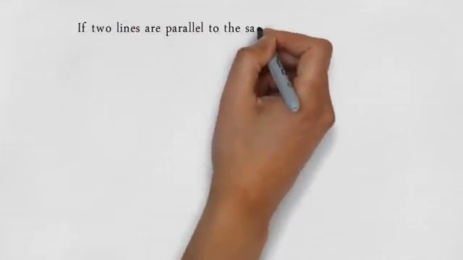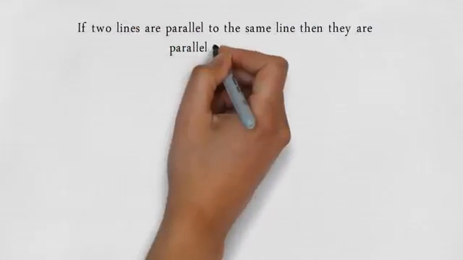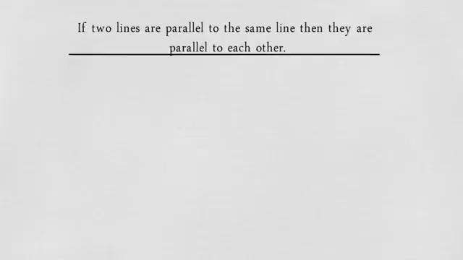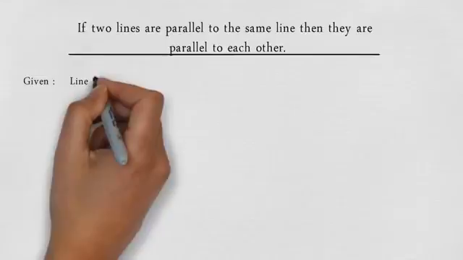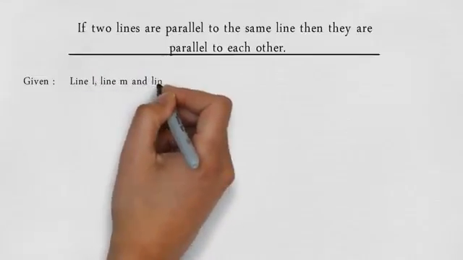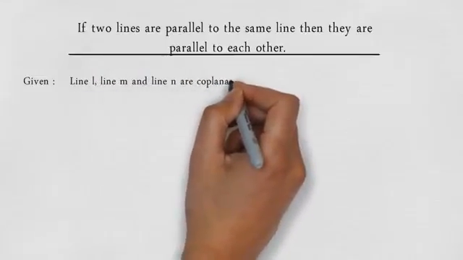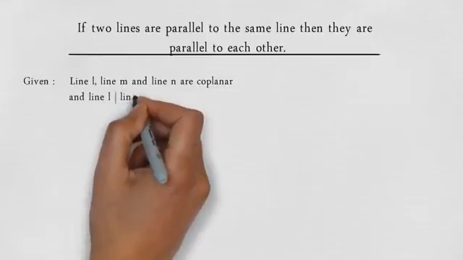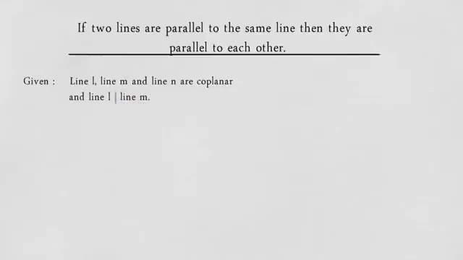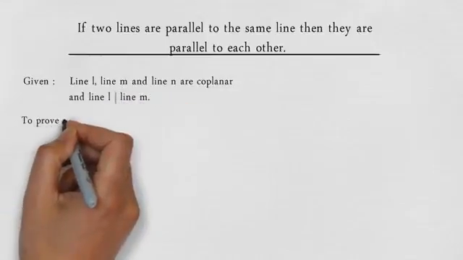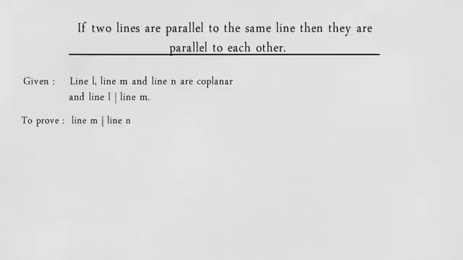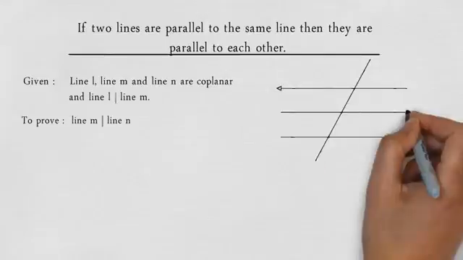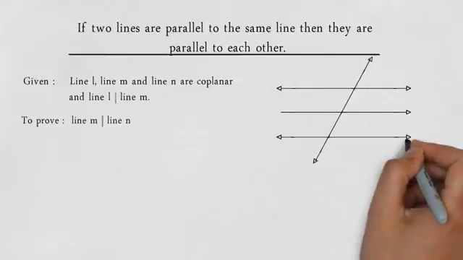Corollary 1. If two lines are parallel to the same line, then they are parallel to each other. Given, line L, line M and line N are coplanar and line L is parallel to line N. To prove, line M is parallel to line N. Construction.